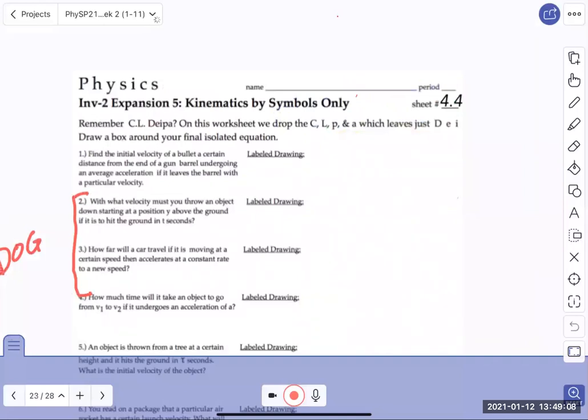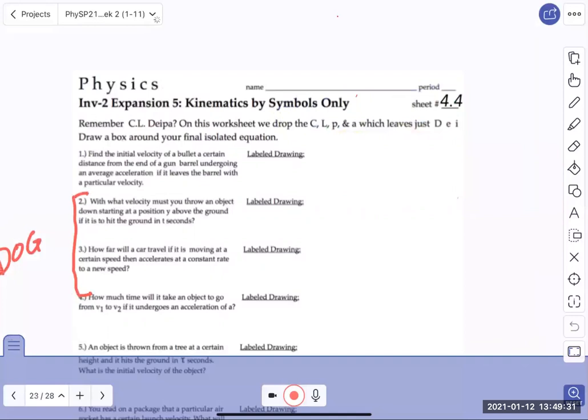Okay, well, we'll try and finish a little early today, but in the time we have left, let's look at 4.4. That's the homework tonight. And 4.4 has no new equations, but it's symbols only. We say that to work a physics problem, you do CL-DPA.